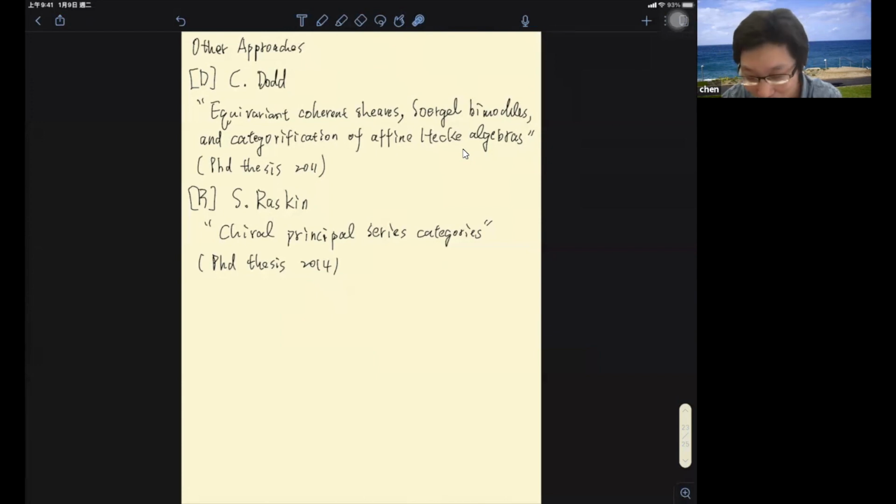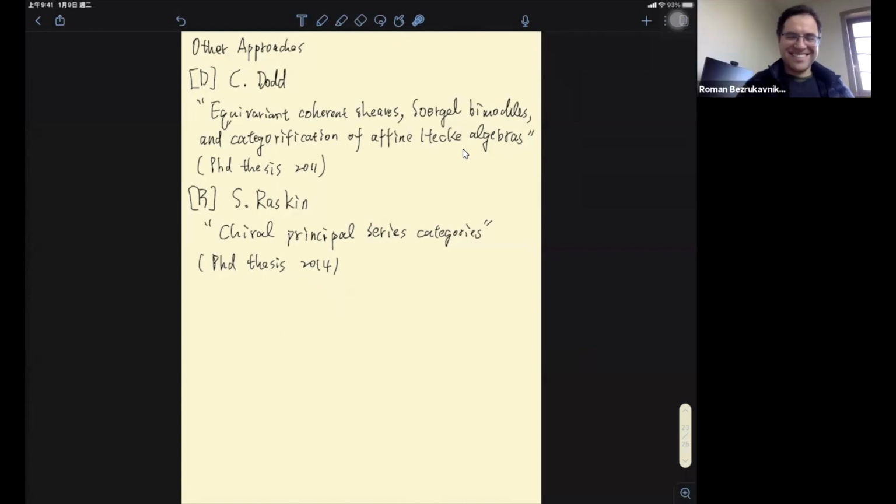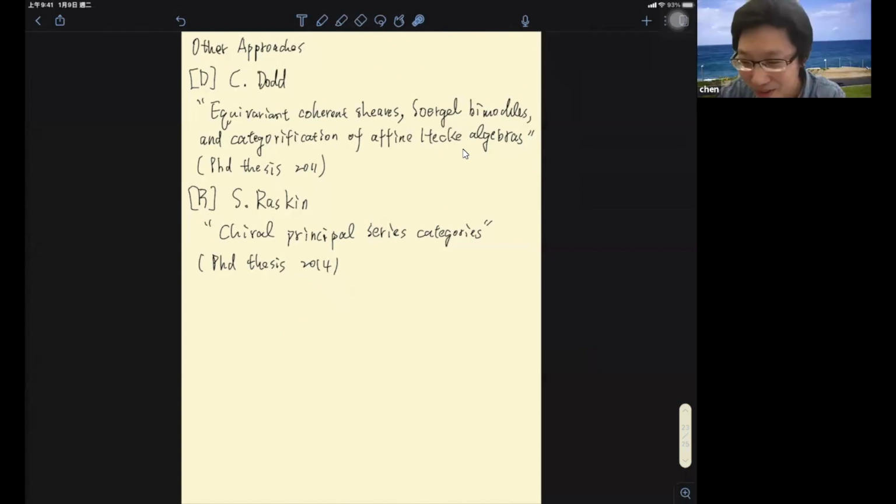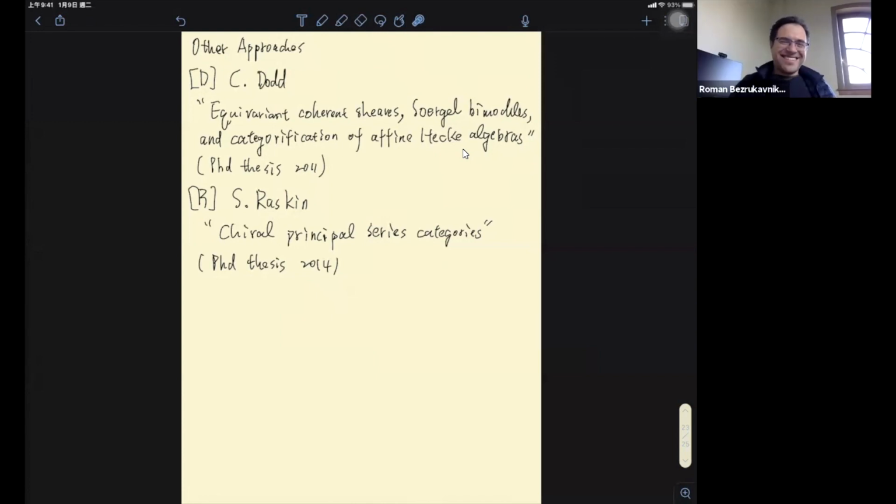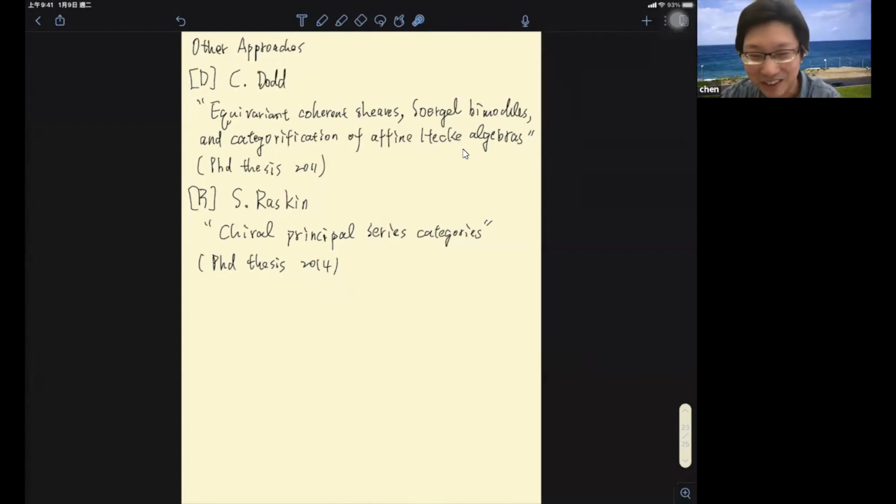And the second homework is to read this paper, Arkhipov, Bezrukavnikov. And he even gave me the offprint. I don't know if you can see this. Maybe as a gift. At some point I finished the first homework, but for some reason, for the second homework, I still don't have time to finish until now.